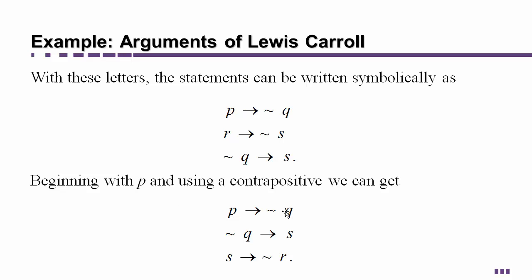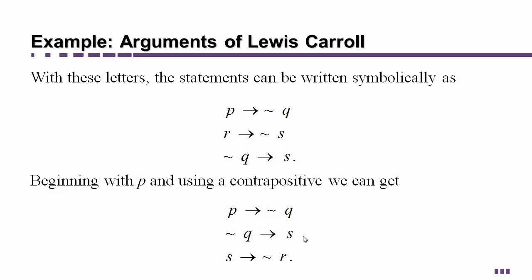P implies not Q. We have right here that not Q implies S. And then from the contrapositive, because remember a statement and its contrapositive are equivalent, R implies not S is equivalent to switching the direction and negating, so it becomes S implies not R. So these three statements are equivalent to these three statements. We have the first and the third, and for the second one we just use a contrapositive, and then we just reorder them, but it's still the same three things.